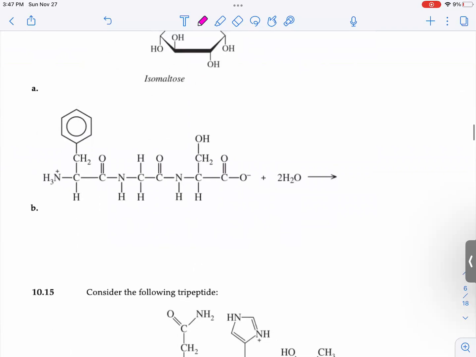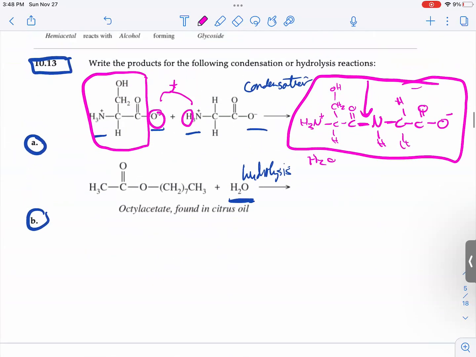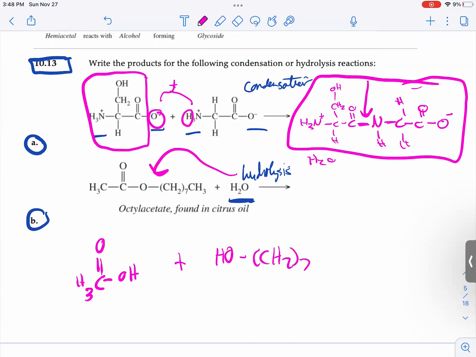Okay, so let's see. Oh, we'll have to do this hydrolysis. Okay, so basically this water is going to come and break up what we've got here. So what we're going to end up having, all right, is, and you can write it a few different ways, but we're going to write it the way it is in this problem.